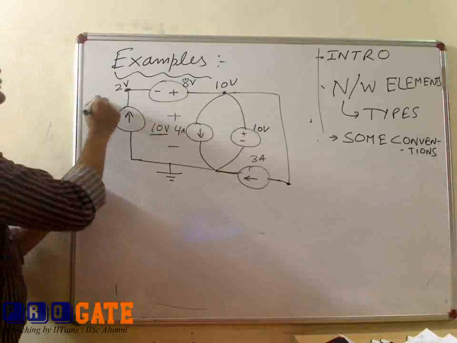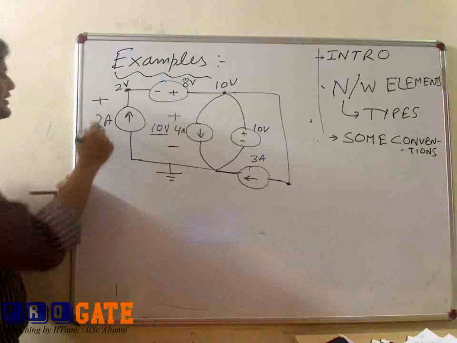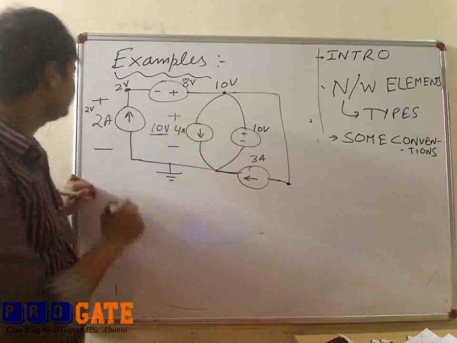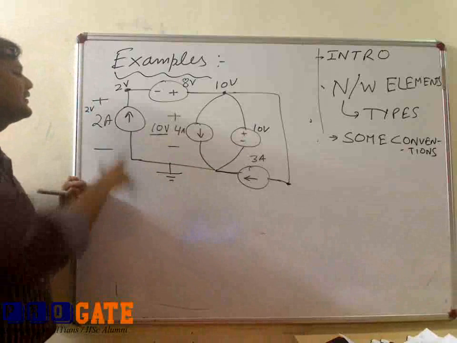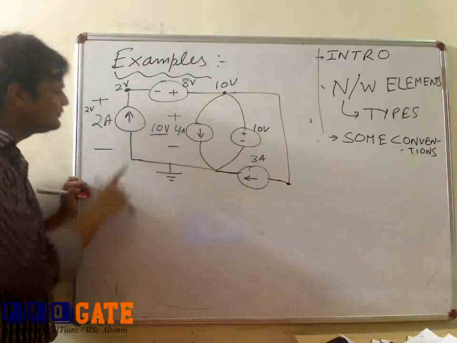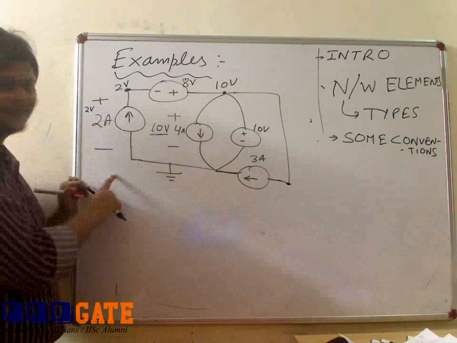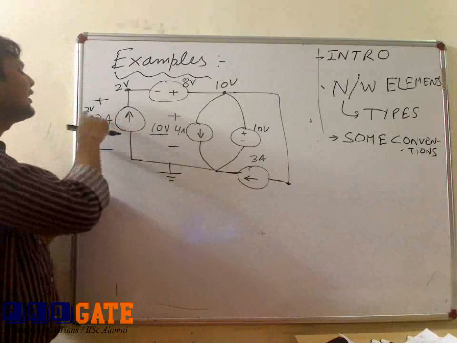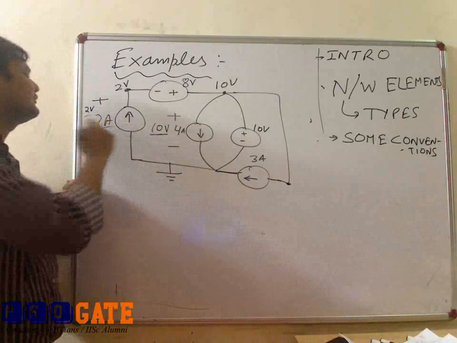So the voltage across this 2 ampere source is equal to 2 volt. Is that okay? Is it delivering the power or is it absorbing the power? It's very simple. The polarity is like this, plus is above and minus is below. So it is delivering the power, and how much power? 4 watts. This is 2 into 2.